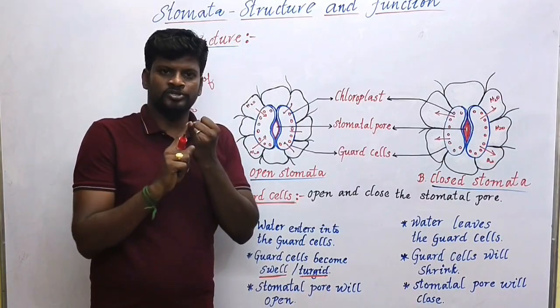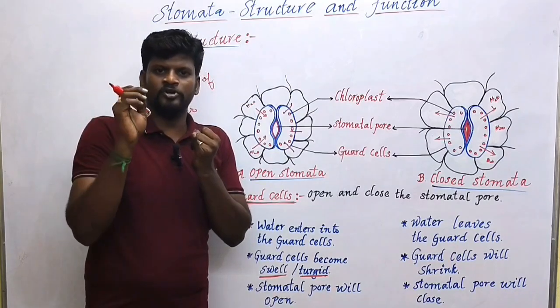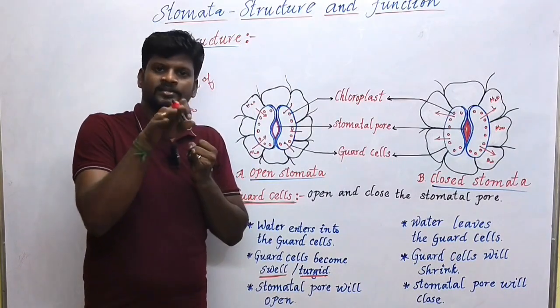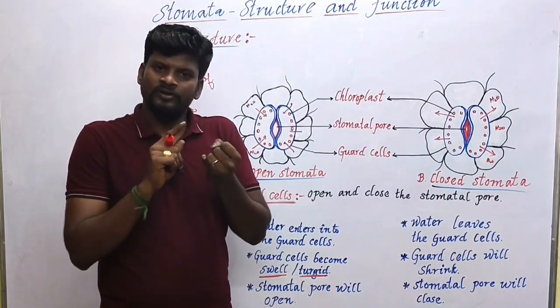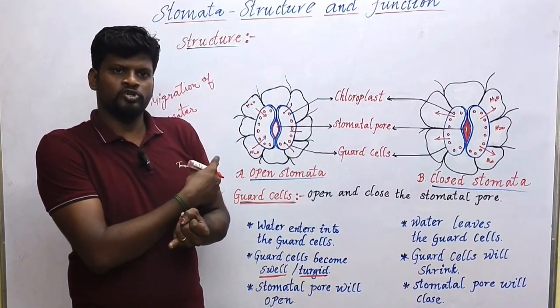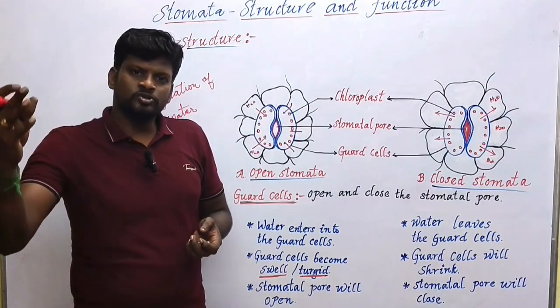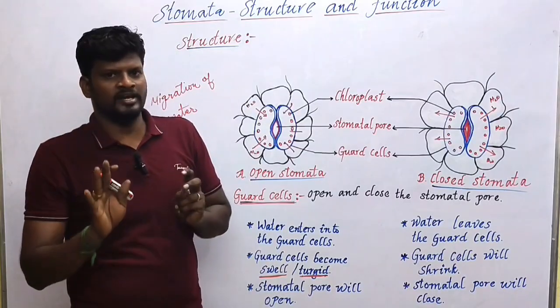See, photosynthesis requires carbon dioxide that will be taken from the atmosphere into the leaf, and during which it releases oxygen that has to reach the atmosphere. So definitely the stomata need to be open. During respiration, it has to take oxygen from the atmosphere and release carbon dioxide.